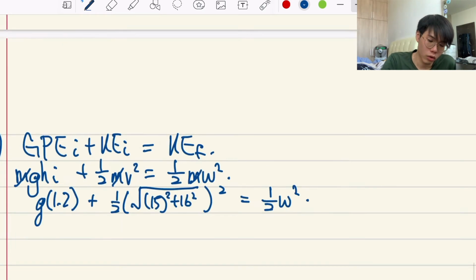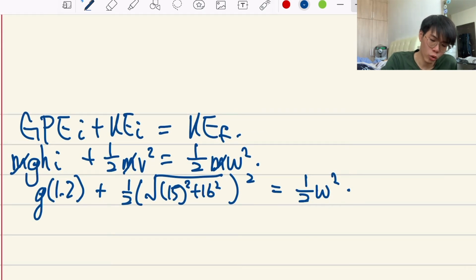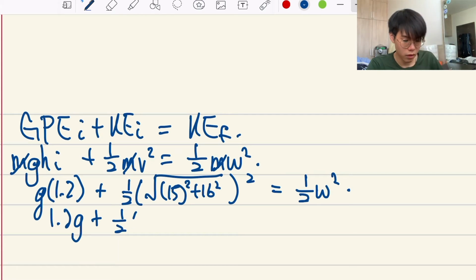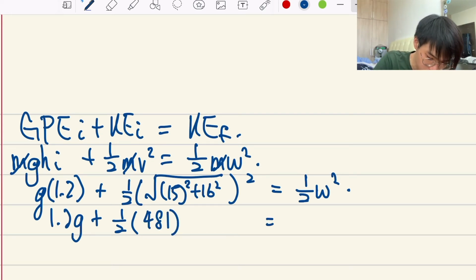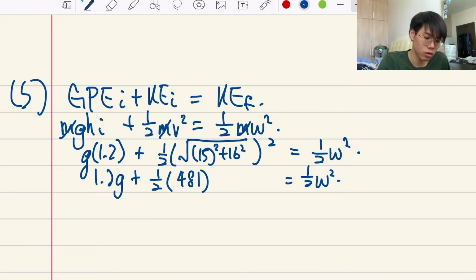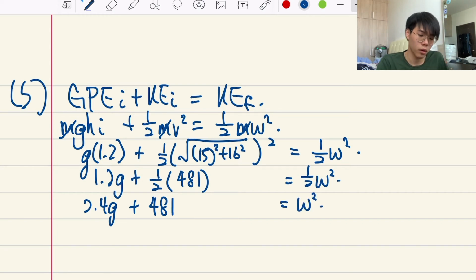Okay, if we square a square root, the square root will be gone. So we're left with half of 15 squared plus 16 squared, which is 481, equal to half w squared. Multiply both sides by 2: 2.4g plus 481 equals w squared.